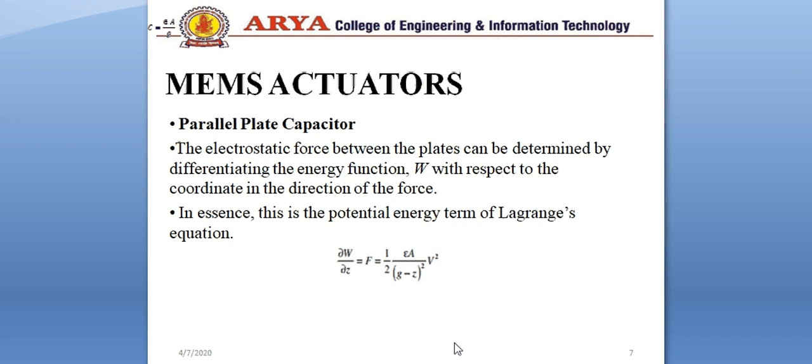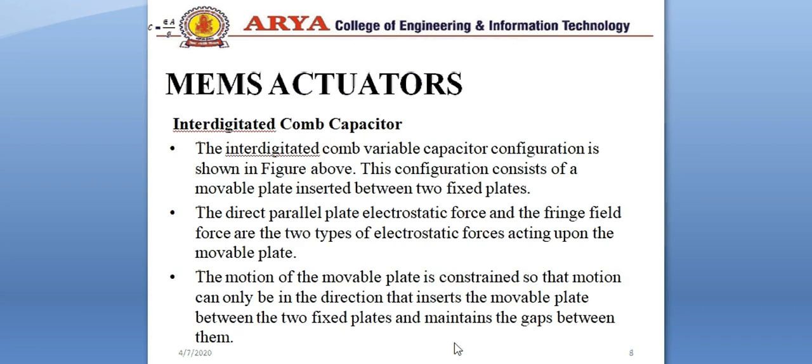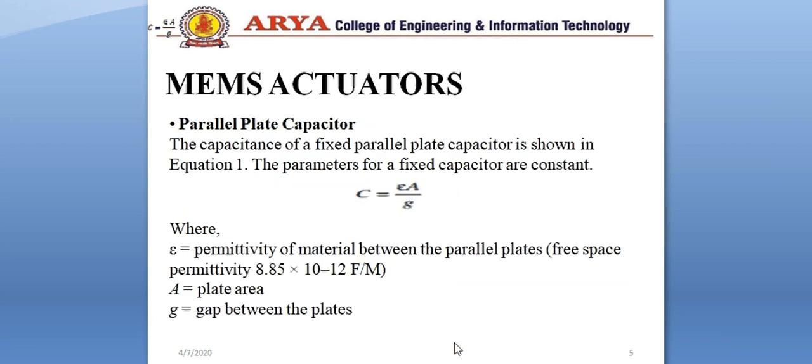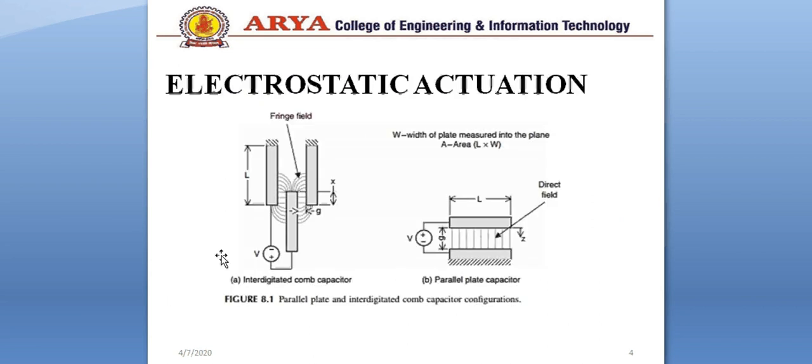And if we talk about the interdigitated comb capacitor, so you have seen this schematic, this configuration. There are two fixed plates and one plate is movable, this third one, and the produced EMF voltage is between this fixed plate and this movable plate.